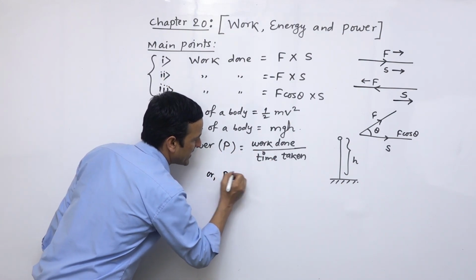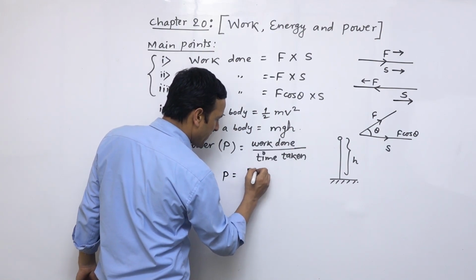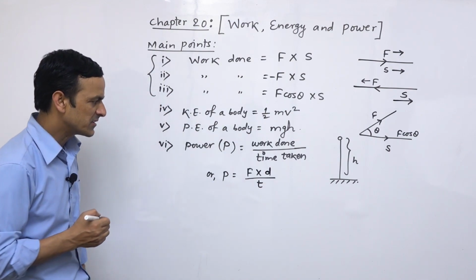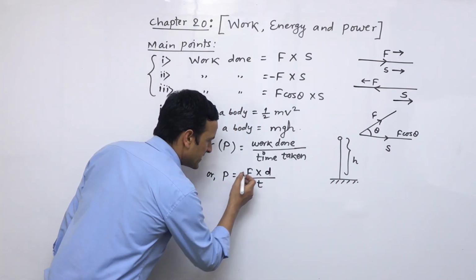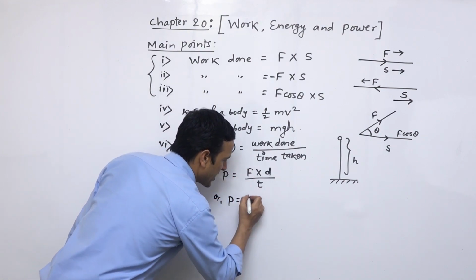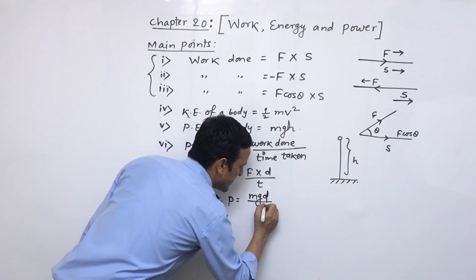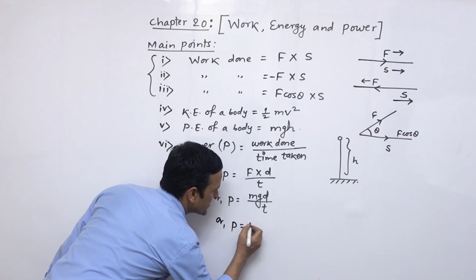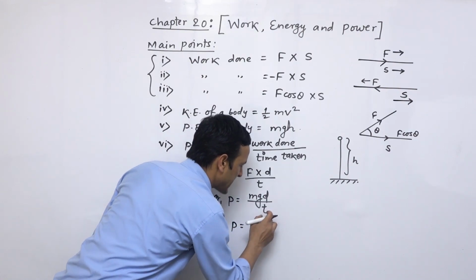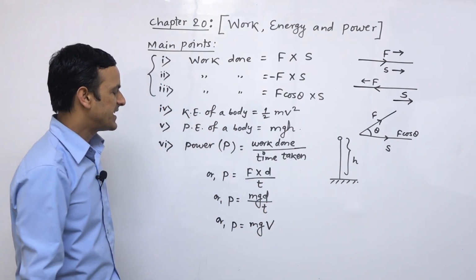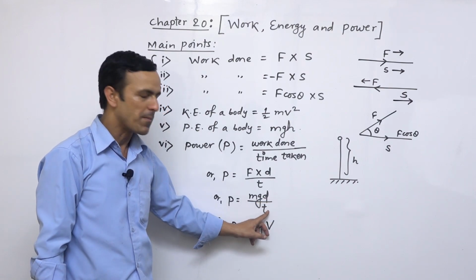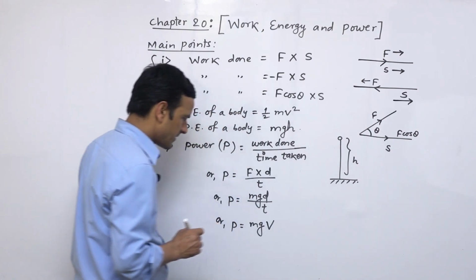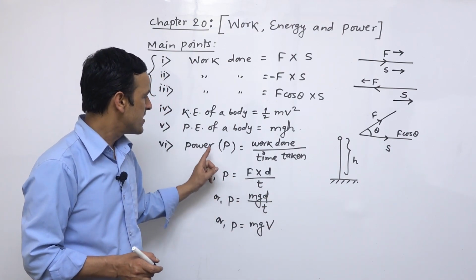So this formula also we can write down as work done भन्ने बित्तिकै अब हामी यहाँ F into D पनि लेख्न सक्छौं, S पनि लेख्न सक्छौं, D नै लेखौं, अनि टाइम टेकन भनेको T लेख्न सक्छौं। In shortcut we can write it as like this, र यो फर्मुलालाई हामी यसरी पनि बनाउन सक्छौं। P is equal to F भनेको हाम्रो mg हुन्छ र D by T हुन्छ, mg D by T। यो फर्मुला पनि हामी एक्सप्रेस गर्न सक्छौं। अथवा यस्तो फर्मुला पनि युज गर्न सक्छौं। P is equal to mg, अब डिस्टेन्स बाइ टाइम टेकन भनेको v हुन्छ, mg v पनि लेख्न सकिन्छ। d by t भनेको भेलोसिटी, भेलोसिटी भनेको डिस्प्लेसमेन्ट अपन टाइम टेकन। सो d by t means it is v, mg v पनि लेख्न सकिन्छ। So in this way we can interpret all the formula for power.